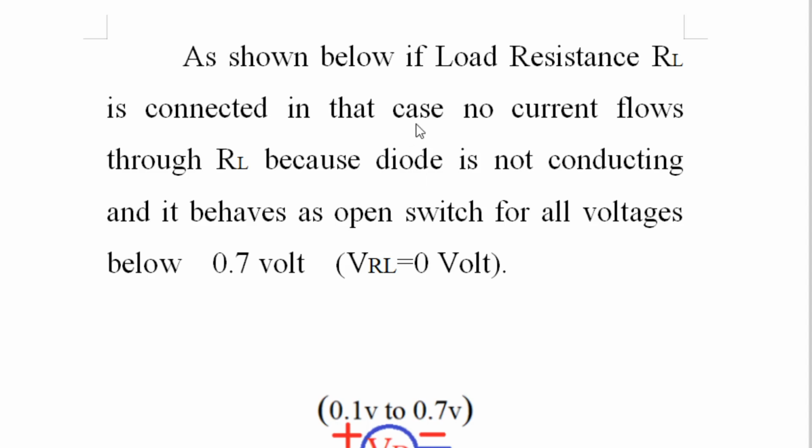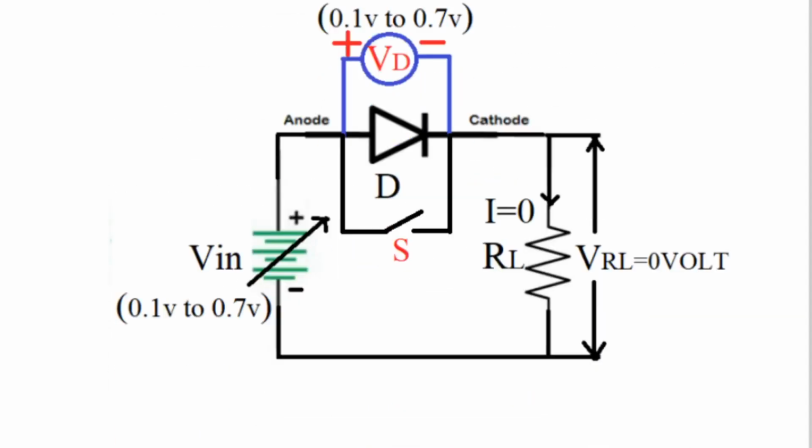Now, as shown below, if the load resistance RL is connected, in that case no current flows through the RL because diode is not conducting till 0.7 volt, of course, and it behaves as an open switch for all voltages below 0.7 volt. So here, the same diagram, let us see.